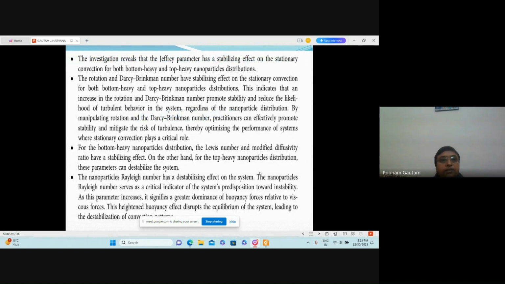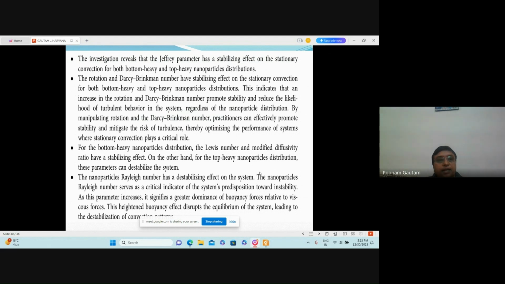Conclusions. The investigation reveals that the Jeffrey parameter has a stabilizing effect on the stationary convection for both bottom heavy and top heavy nanoparticles distributions. The rotation and Darcy-Brinkman number have a stabilizing effect on the stationary convection for both distributions.